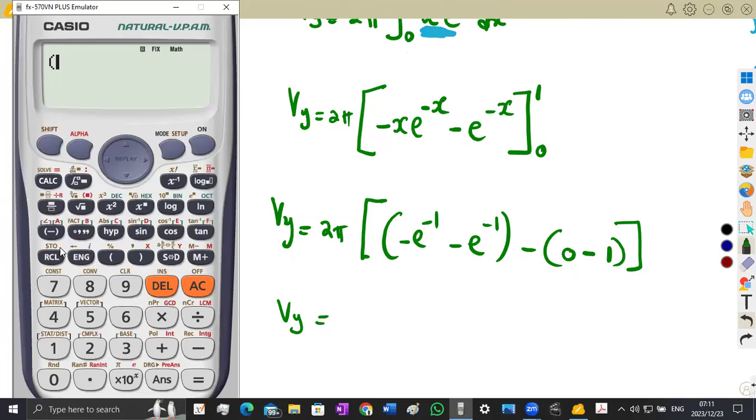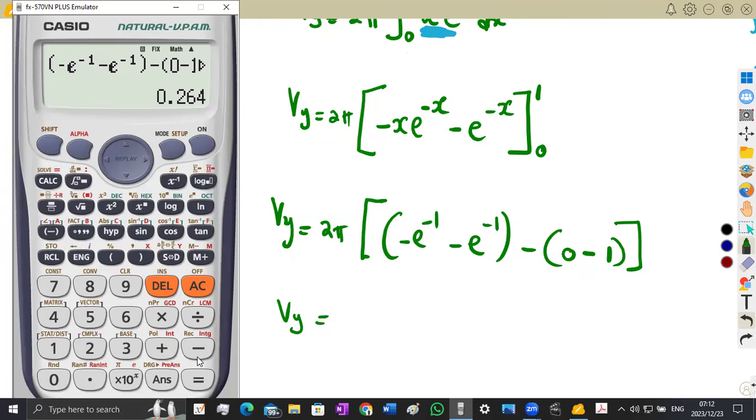Let's open the bracket. We've got minus e to the exponent of minus 1, minus e again, e to the exponent of minus 1, like this, minus 0 minus 1, like this.